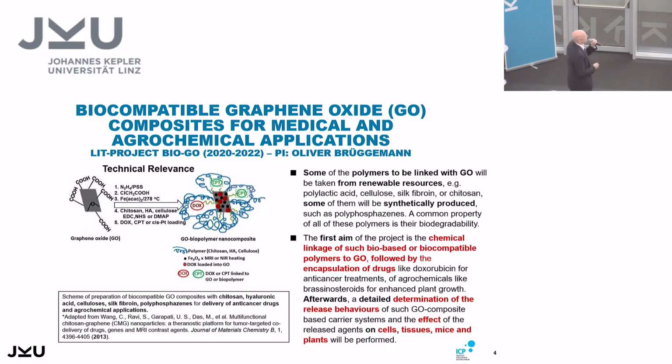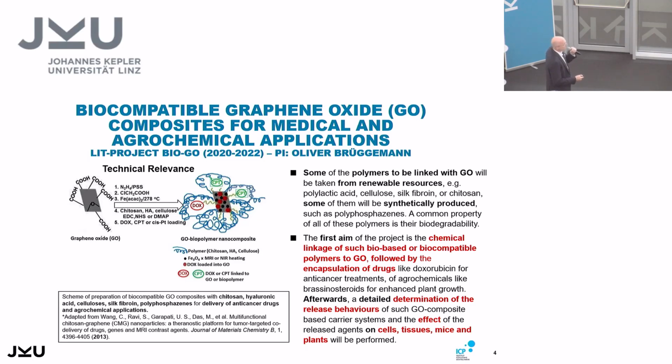So that was the general idea, linking in this 2-year project the graphene oxide, abbreviated GO, with polymers for better biocompatibility and encapsulating or even linking drugs to that material or composite as well.